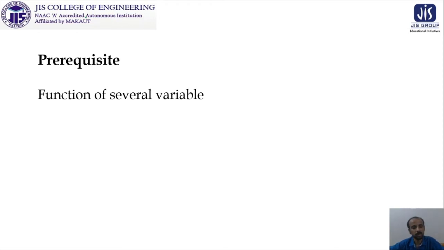Here we will specifically use the function of two variables. Then we obviously need the related idea on partial differentiation. That means partial differentiation with respect to x and partial differentiation with respect to y, and their geometry and interpretation.